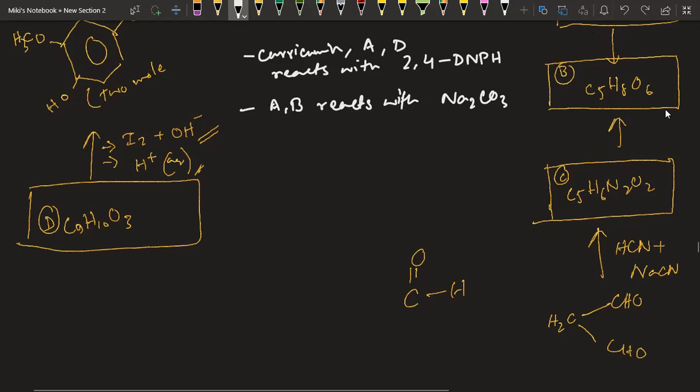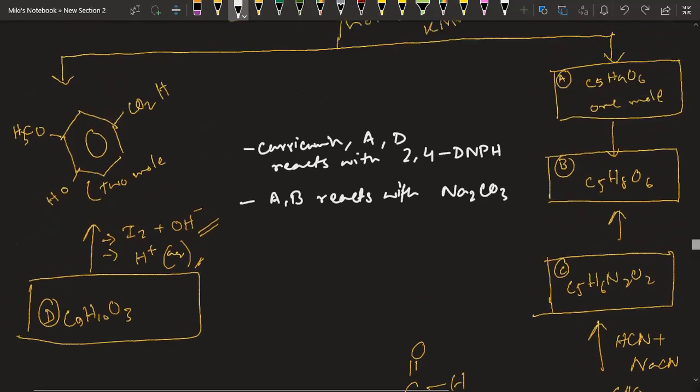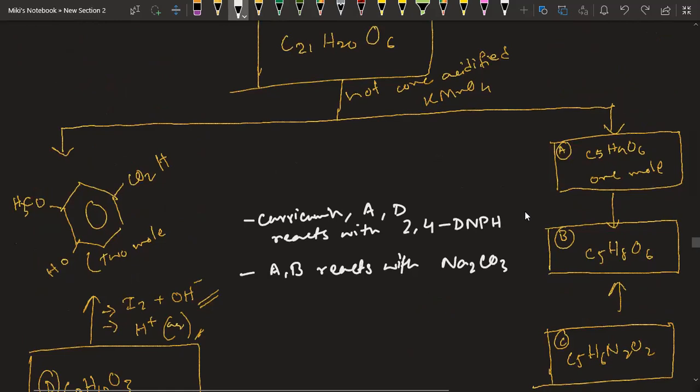Okay, so I hope you have done it. You have gone to the AS contents and observed what sort of molecule it is and what it does. So 2,4-DNPH is basically used to identify the carbonyl compounds. Let me grab the contents from AS for a brief introduction.